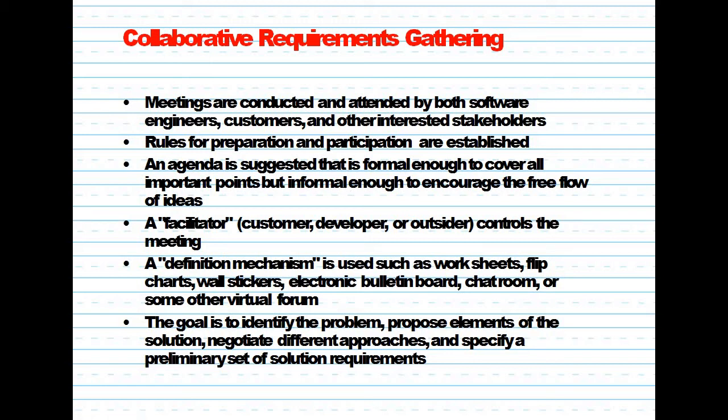A facilitator, who may be a customer, developer or outsider, controls the meeting. A definition mechanism is used, such as worksheets, flip charts, wall stickers, electronic bulletin boards, chat rooms, or other virtual forms of meeting. The goal is to identify the problem, propose elements of the solution, negotiate different approaches, and specify a preliminary set of solution requirements.